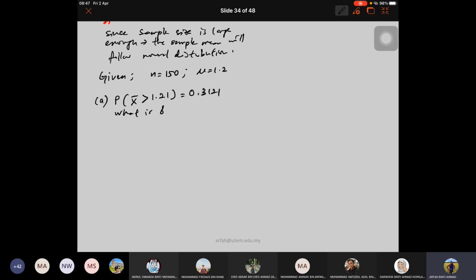So if you draw this one, X bar lebih besar daripada 1.21 here. So nilai dalam ni adalah 0.3121. Okay. So probability of transform into Z greater than 1.21 tolak mean 1.2 divide by sigma over set N. N is 150.